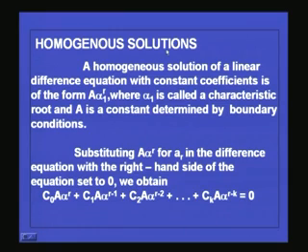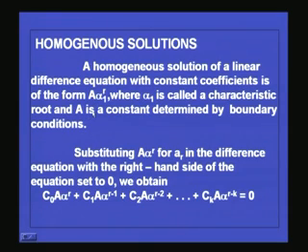The homogeneous solutions are obtained in this manner. A homogeneous solution of a linear difference equation with constant coefficients is of the form A alpha_1^r, where alpha_1 is called a characteristic root and A is a constant determined by the boundary conditions. So this homogeneous solution is of the form A alpha_1 power r, where alpha_1 is a characteristic root.